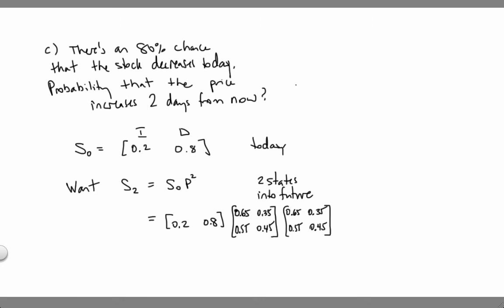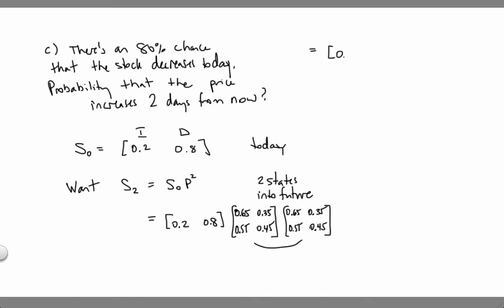Great. So let's just finish our calculation up here. You can think about multiplying 0.2, 0.8 times this matrix P here. You could do that first and then leave the last one for the end. Or equivalently, you could multiply these together and just keep the S0 out in front.